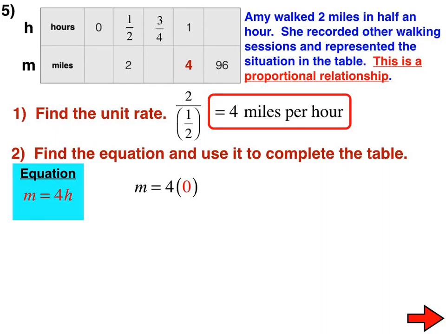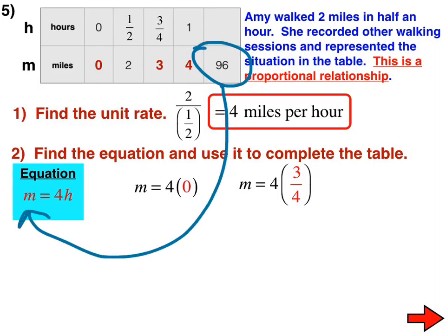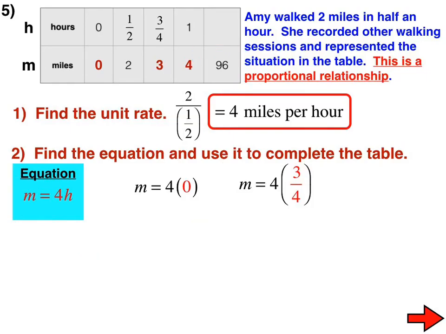If I spend 3/4 of an hour walking, that will be times 4 miles per hour. How far did I go? 3 miles. This last one, they gave us a miles number, so I need to plug that into m and divide both sides by 4. How many hours did it take to walk 96 miles? This would be 24 hours.